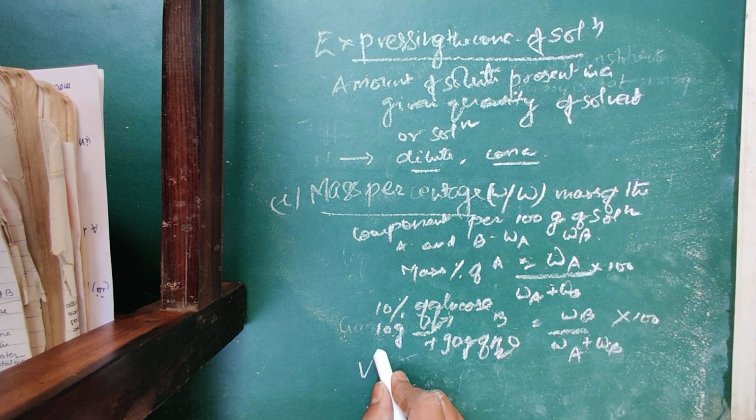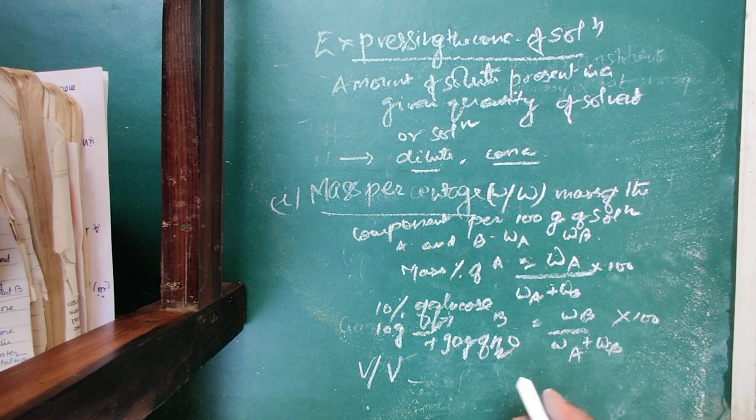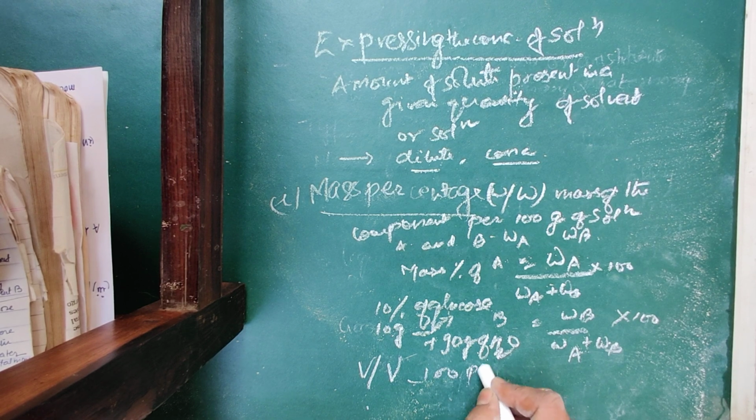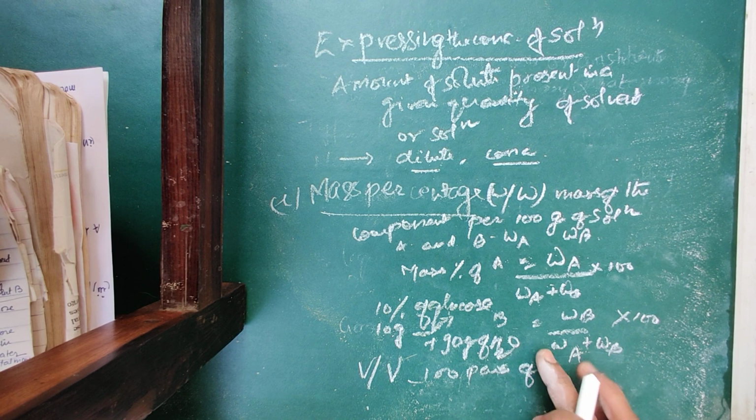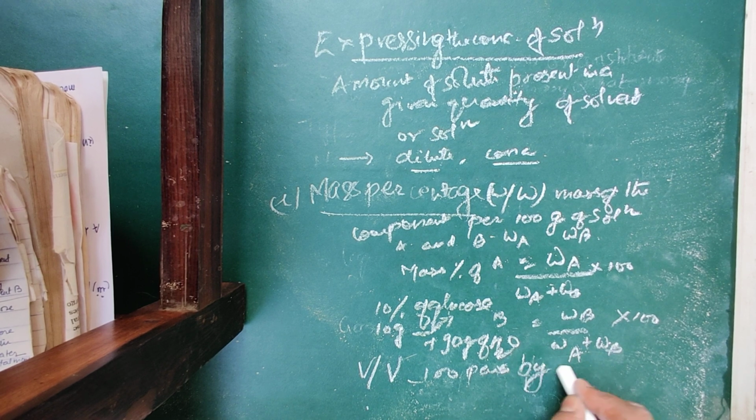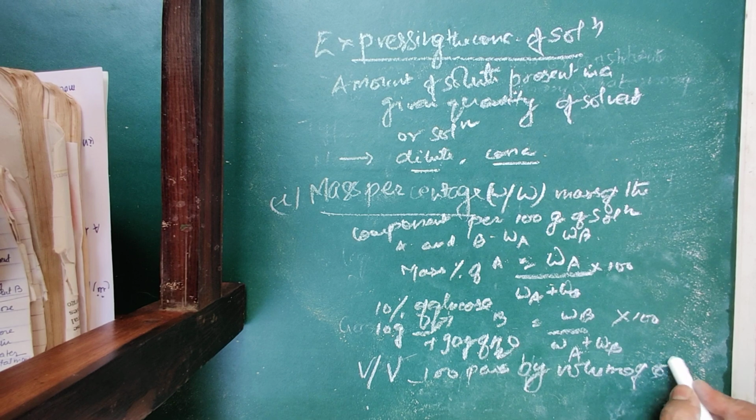Now volume by volume, it will be what? Parts by volume of component per 100 parts by volume of solution.